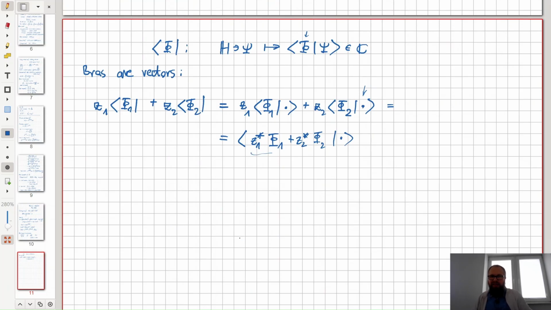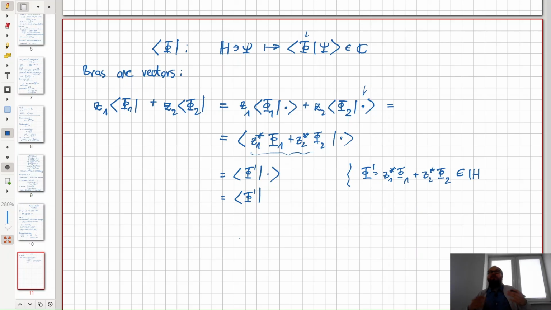However, this is a linear combination of vectors. So this is just some vector, aka this is a bra, again a bra, because psi prime equals z1 psi 1 plus z2 psi 2 is an element of Hilbert space.